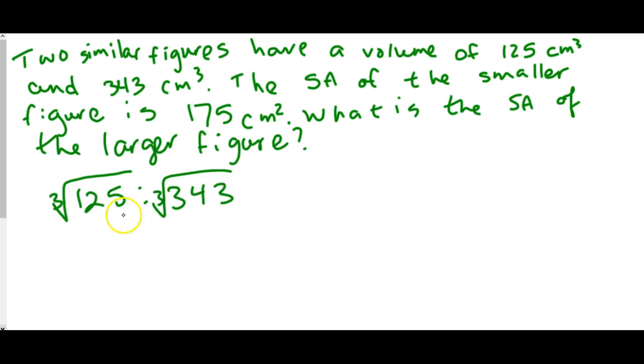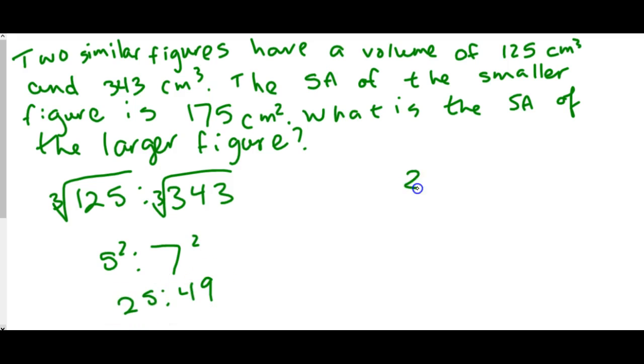To make 125, you would do 5 times 5 times 5, so the cube root of 125 is 5. To make 343, you do 7 times 7 times 7, so the cube root of 343 is 7. So that's the similarity ratio, or the side ratios. But we need surface area, so we square each of those, 25 to 49.